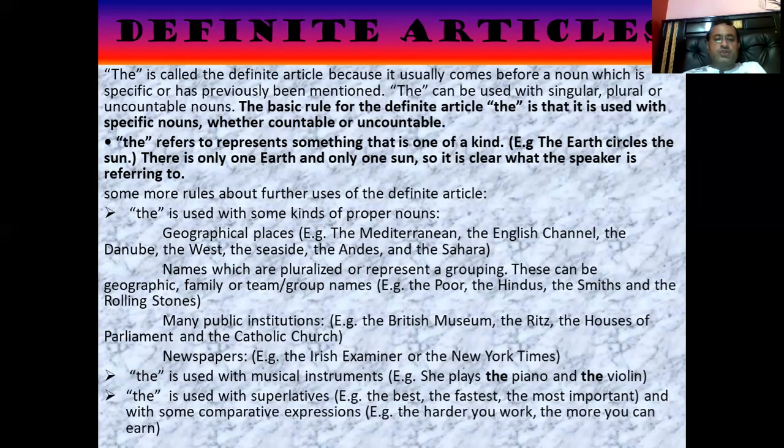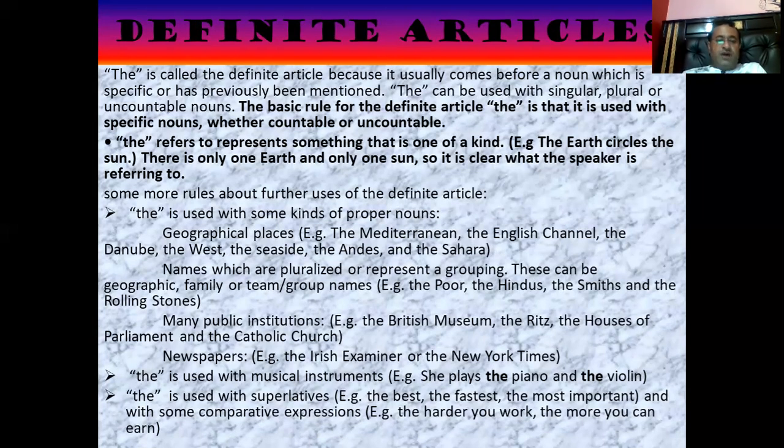It is also used with many public institutions like the British Museum, the Ritz, the House of Parliament, the Catholic Church. The is also used with the names of newspapers, the Irish Examiner or the New York Times.